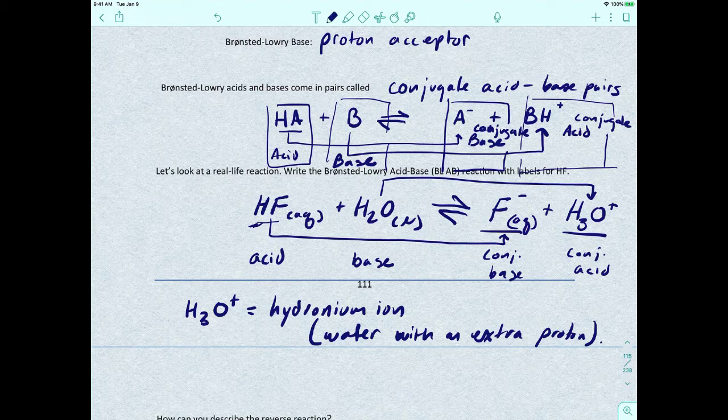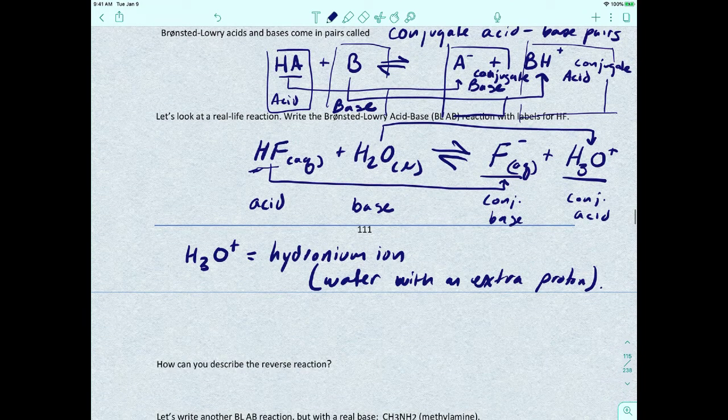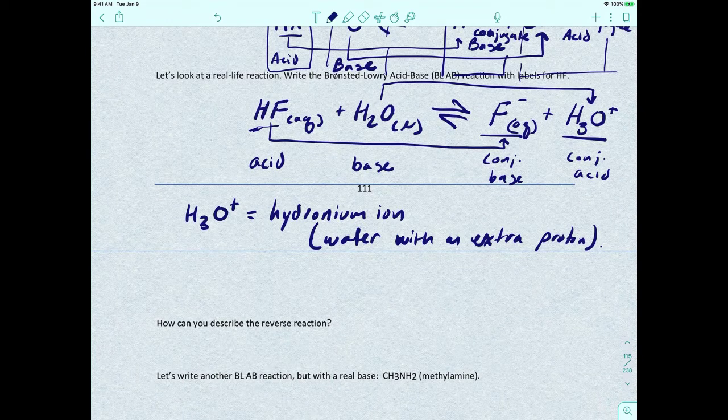Okay, now if we were to write the backwards reaction, F minus plus H3O plus is in equilibrium with HF and water, it becomes a little bit easier.